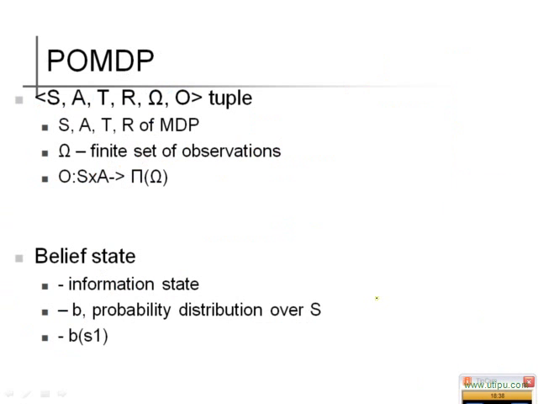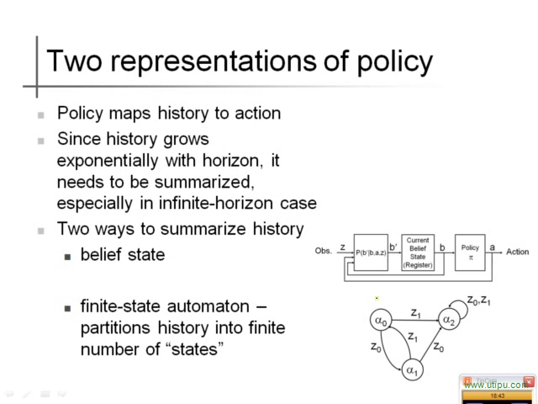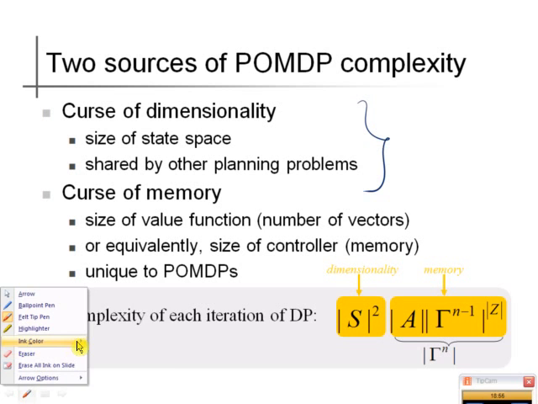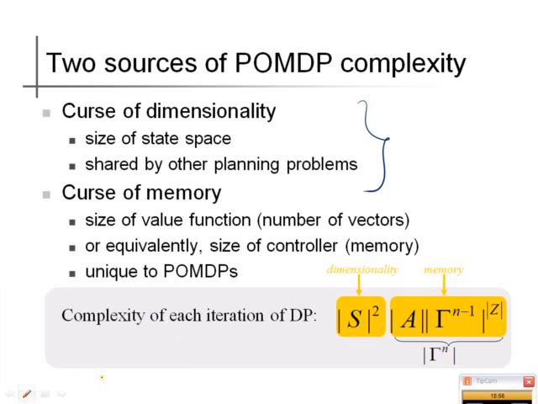So we did this. This is basically your representation of POMDPs. This is a useful thing to know, and I just mentioned it. For POMDPs, you know that MDPs already have this notion of the curse of dimensionality, which is just the number of states.